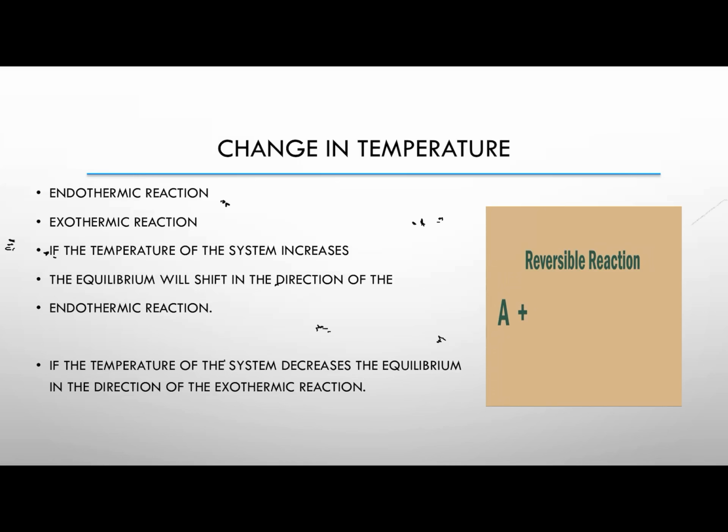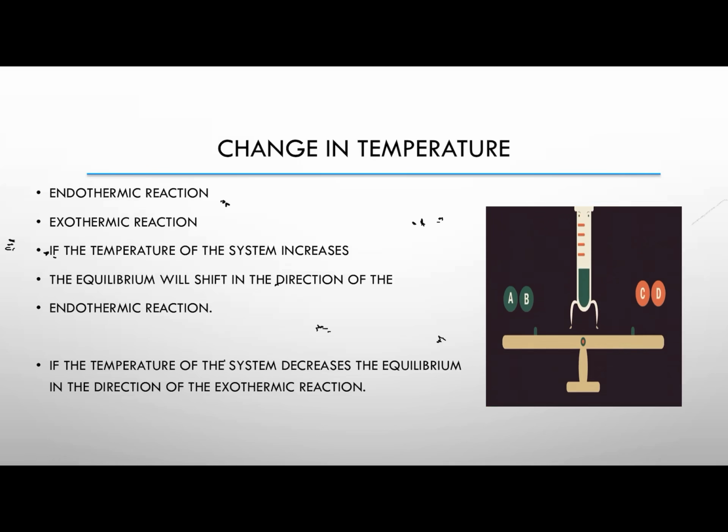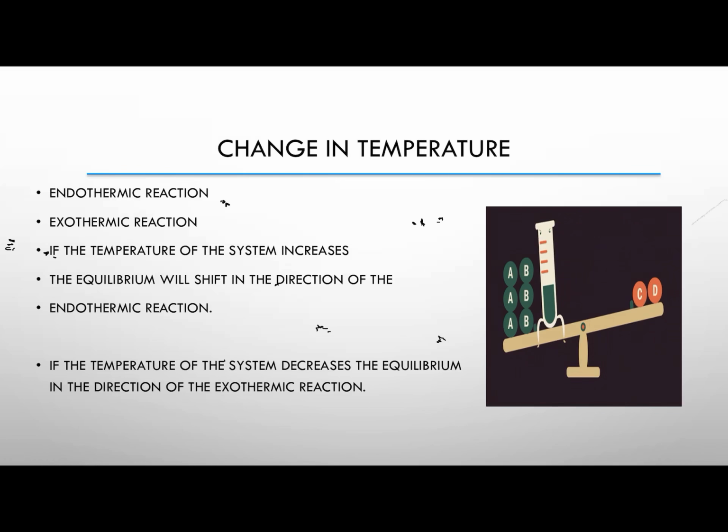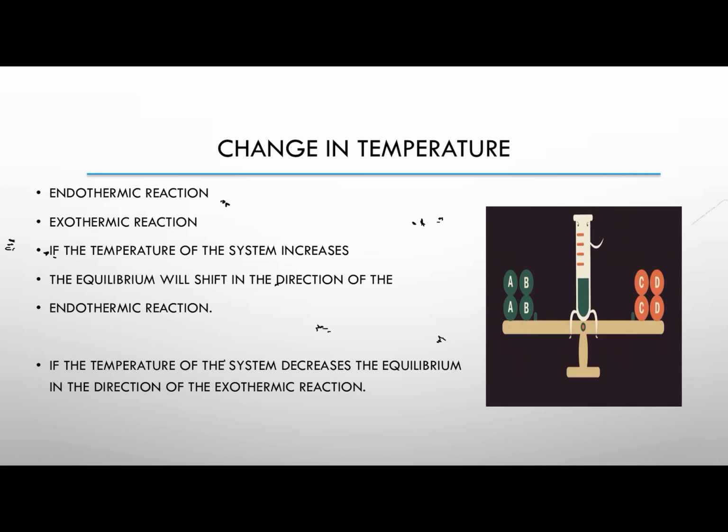Another factor is temperature. It depends on the type of reaction. As we know, there are two types of reaction, endothermic reaction and exothermic reaction. In an exothermic reaction, heat energy is liberated, but in the case of an endothermic reaction, heat energy is absorbed.